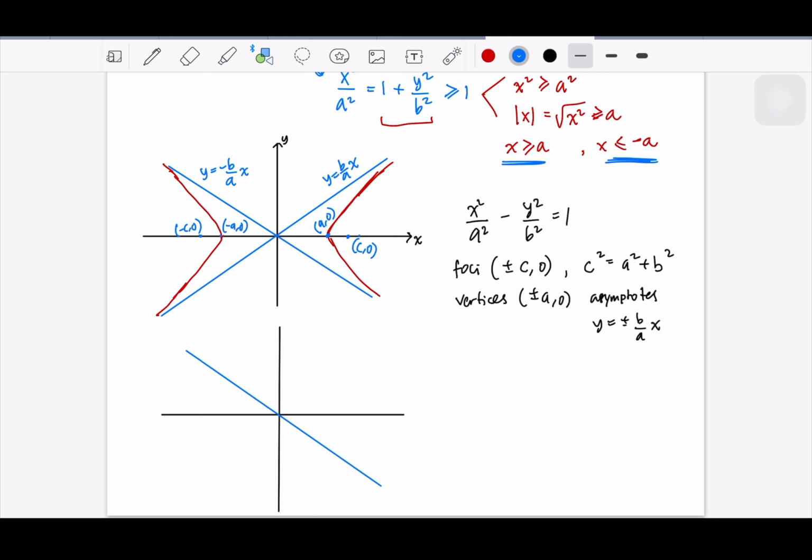So it's better to draw the asymptote first before drawing the hyperbola, if you want to be more precise and sketch correctly, because this will give you the idea of how the hyperbola will exist.